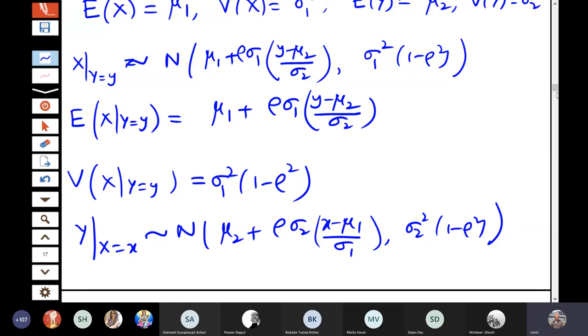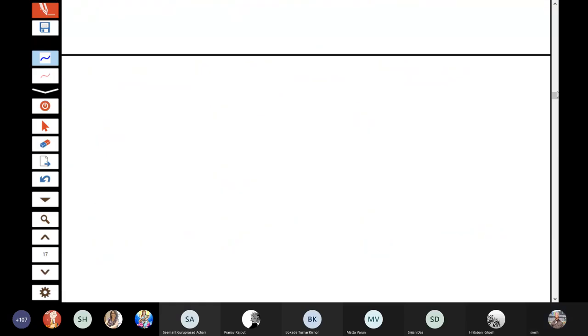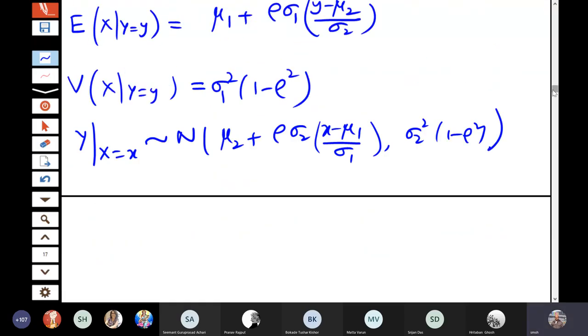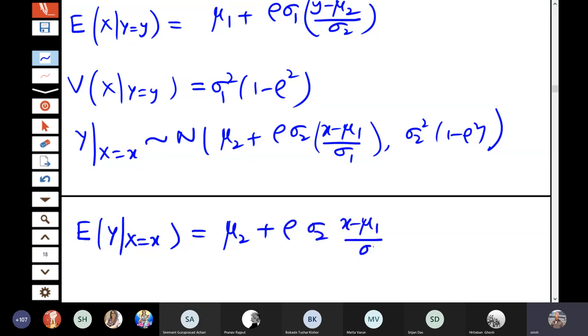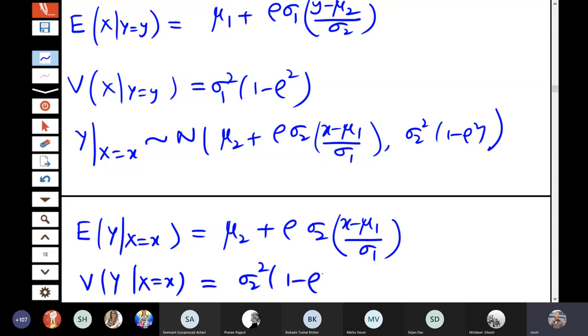So the expectation of y given x is mu2 plus rho sigma2 (x minus mu1) by sigma1, and the variance of y given x is sigma2 square into (1 minus rho square).